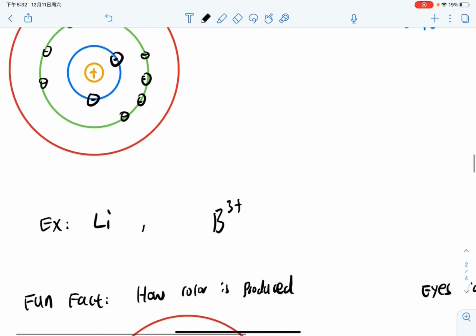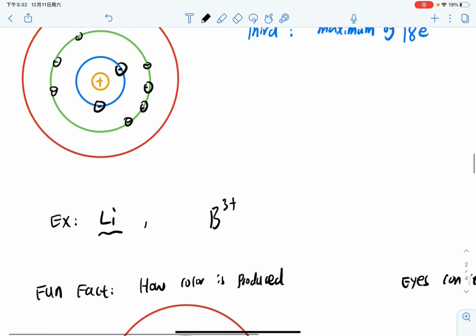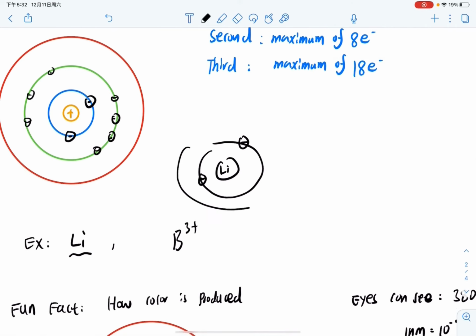And we're going to draw the structure of lithium. So if you first put Li over here, lithium has 3 electrons, so 2 will go to the first shell, and the second shell will have 1 electron.